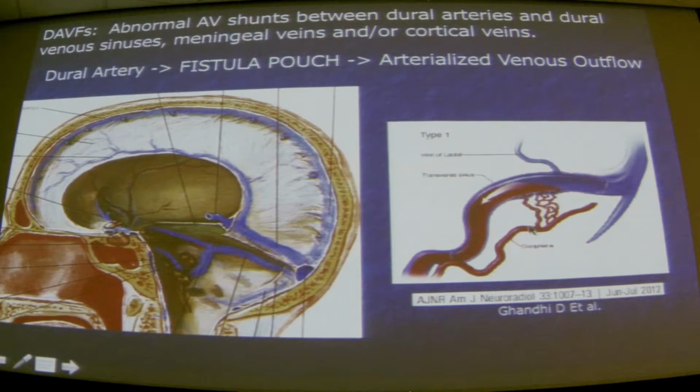Well, what are the consequences of that? Well, in simple fistula, the return of that may be simply antegrade down the sigmoid sinus to the jugular vein. And if that's the case, then the normal venous outflow, which is under normal venous pressure, here's the vein of Labbé, for example, coming down the superior sagittal sinus, that normal pressure venous blood is simply going to join the arterialized blood and continue on its way in an antegrade fashion down the jugular vein.